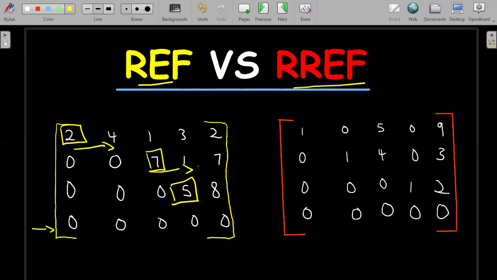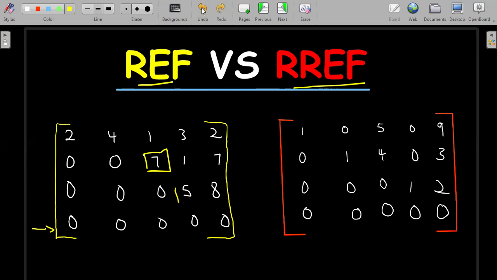Notice that in row echelon form, not reduced, the pivot is not 1. It can be any other number, and it's not the only non-zero entry in the column where it is.